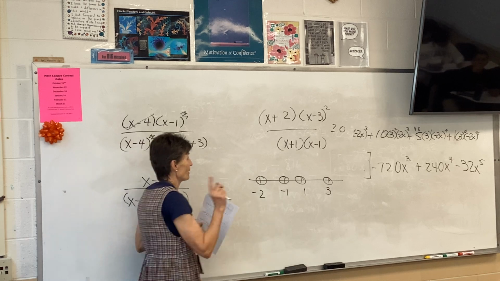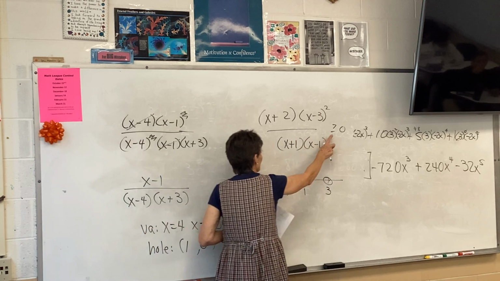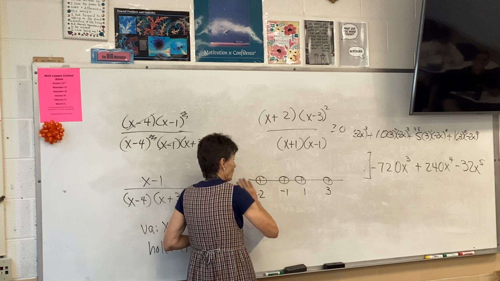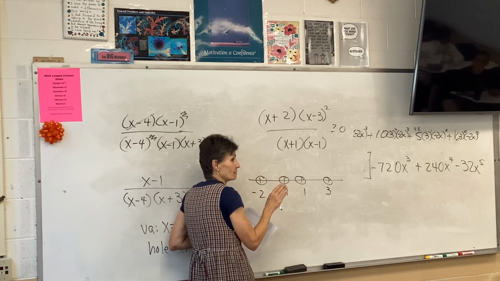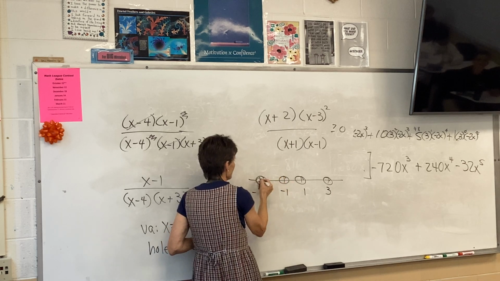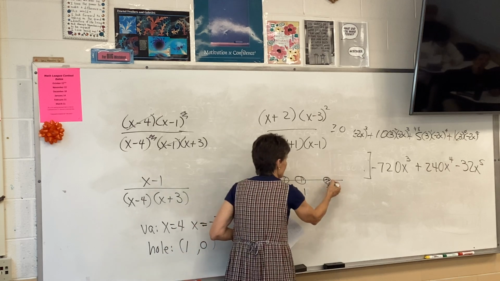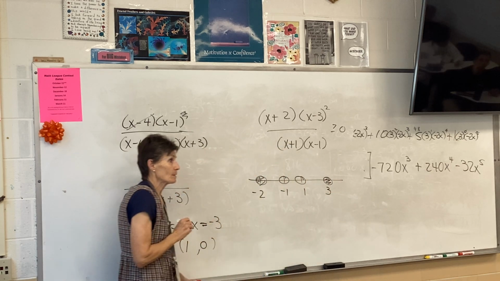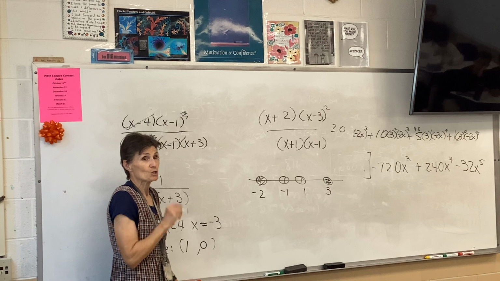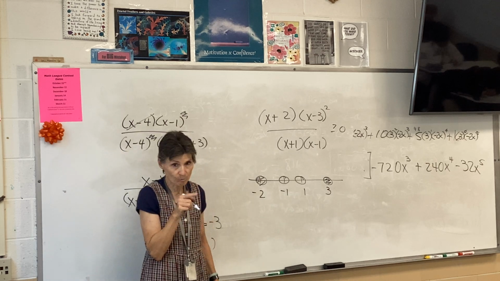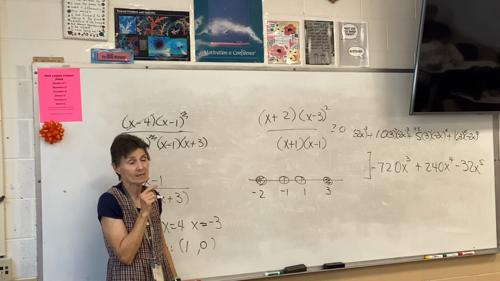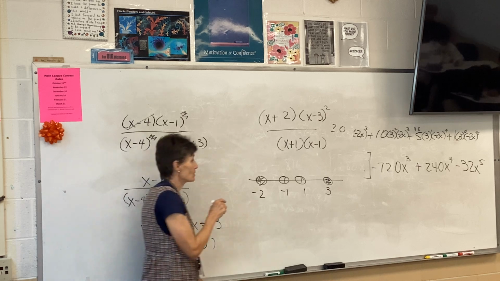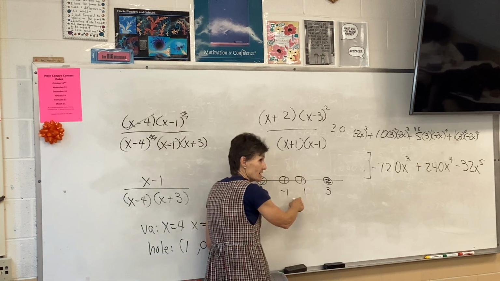Now, this is the one we have to be careful of. The symbol is not equal to, but we're not going to color everything in. We're only going to color in the dots that come from the numerator, because you can have zeros in the numerator, but you can't in the denominator. So are we good with that distinction?